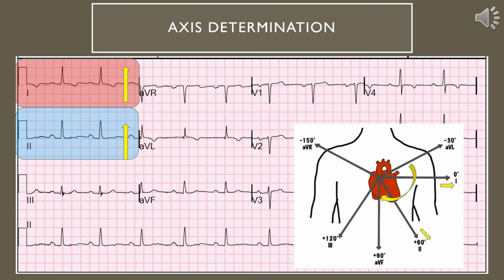Same thing with lead 2, that there is a good charge through lead 2. So this tells us that the axis is definitely falling within the normal lines of AVL and AVF.